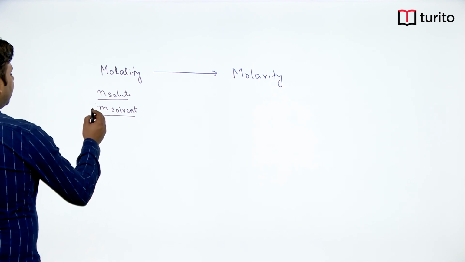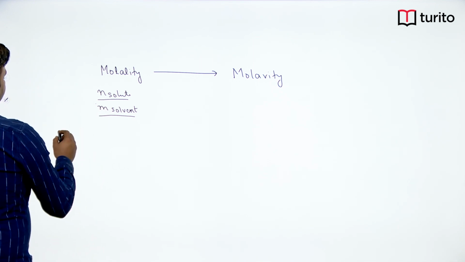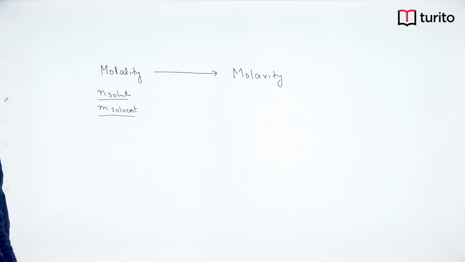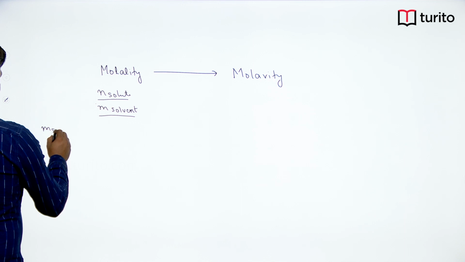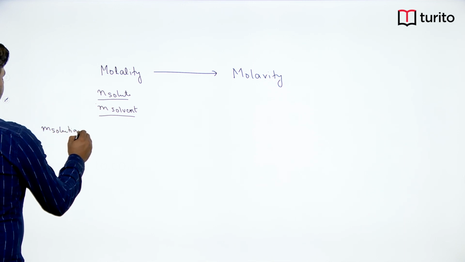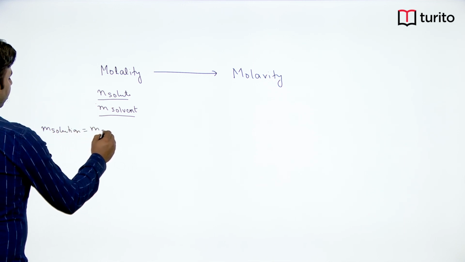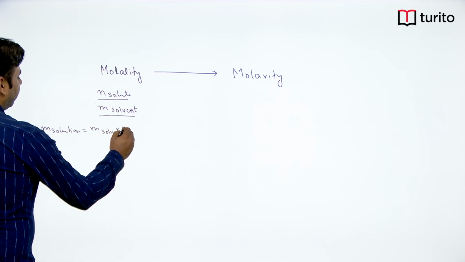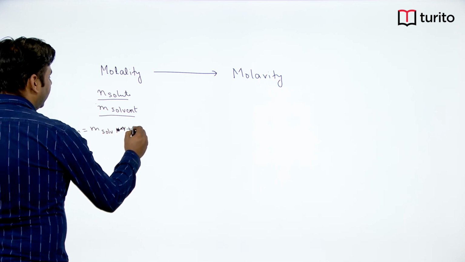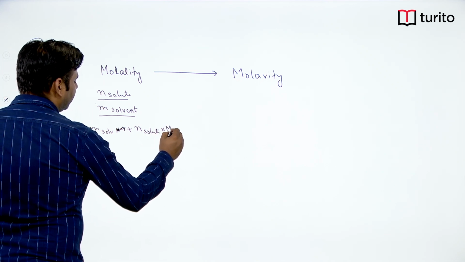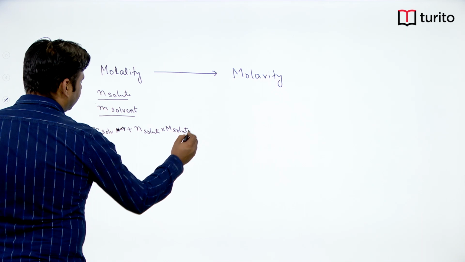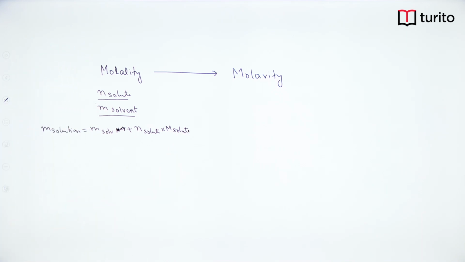Because we know the mass of the solvent and the number of moles of solute, we can get the mass of solution. So the mass of solution would be mass of solvent plus number of moles of solute into molar mass of solute. Number of moles of solute into molar mass of solute will give us the mass of solute. So this is basically mass of solute plus mass of solvent, and we'll get the mass of solution.